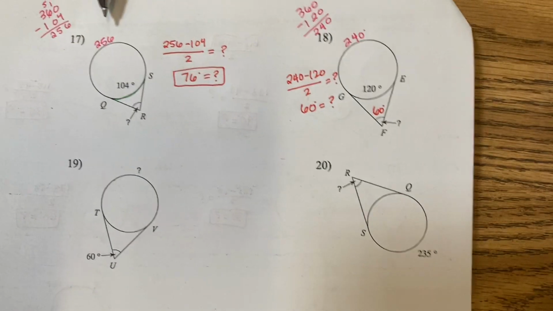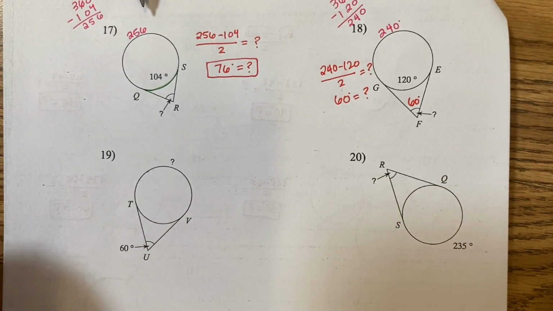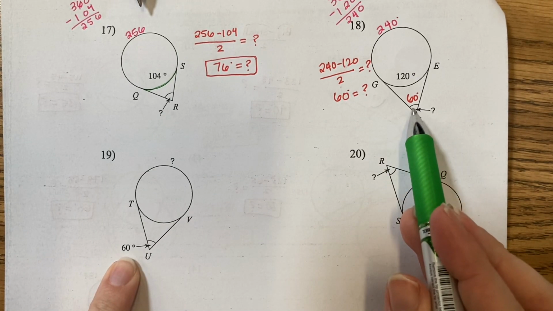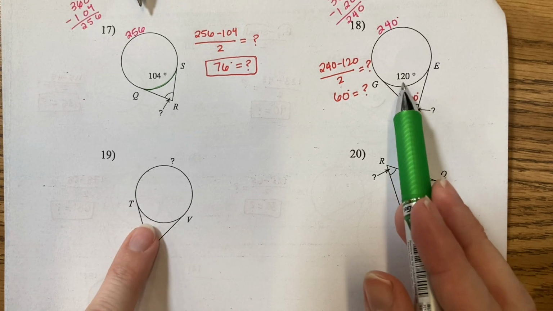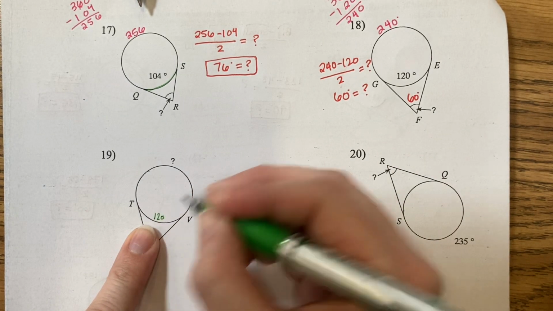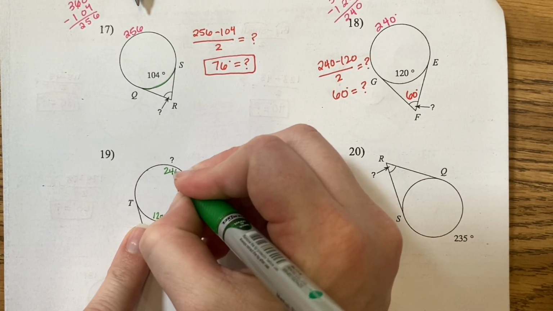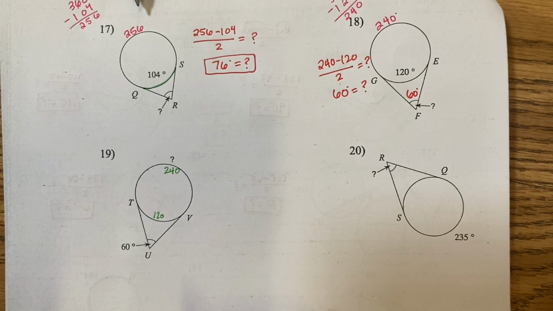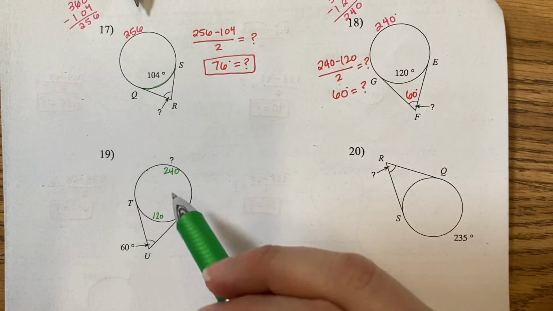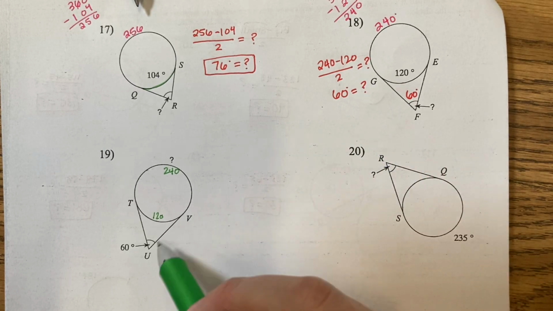This one's pretty difficult and you shouldn't get one this hard. So I'm just going to use my 60. That means this would be 120 and this would be 240. I'm just using my previous question to fill in the information.